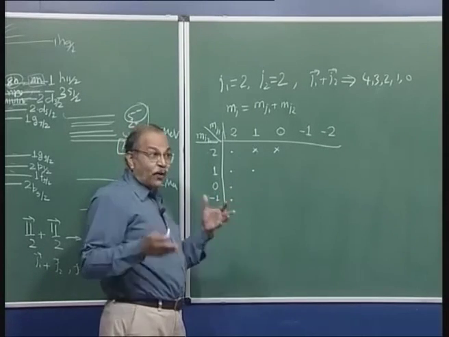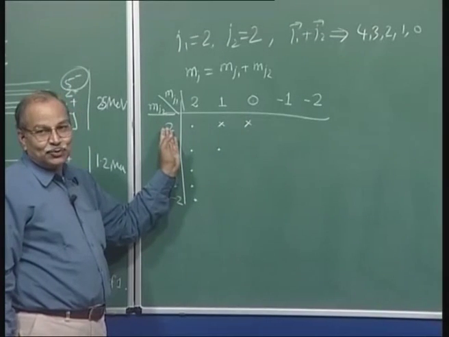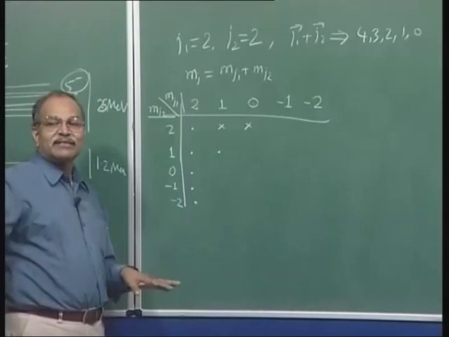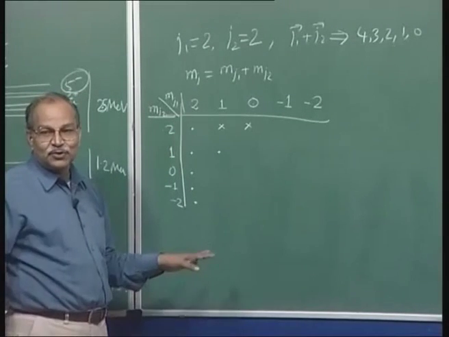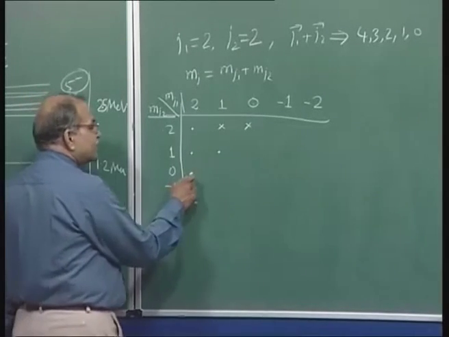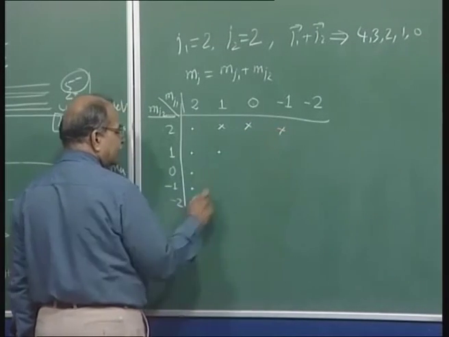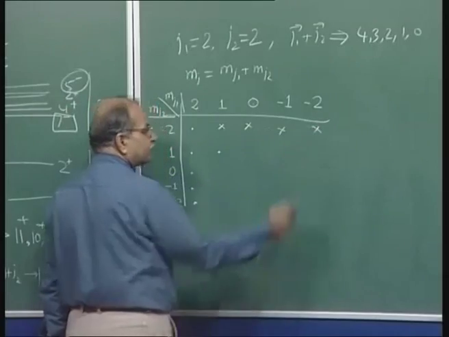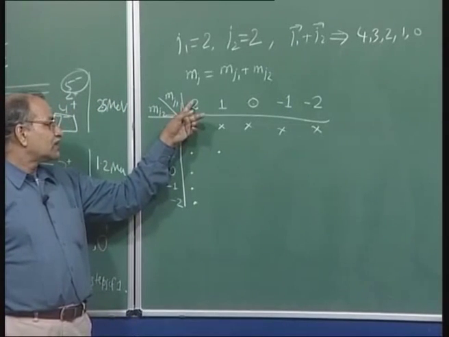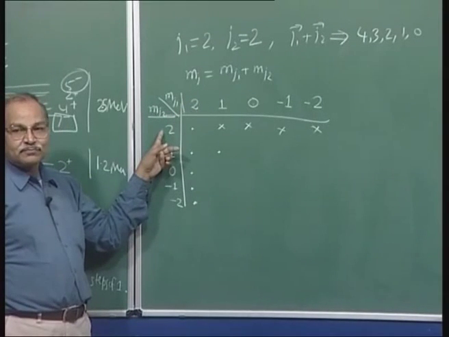So, if I say that one particle has 0 and another particle has 2, not first and second, one particle has this and one particle has this, which one we do not talk about that, we have to combine the two. So, this I will take and this I will not take. Similarly, if this I take, this I will not take, if this I take, this I will not take. This is all right. Here, first particle or second particle, one particle has 2 and another particle has 2, the total is 4.